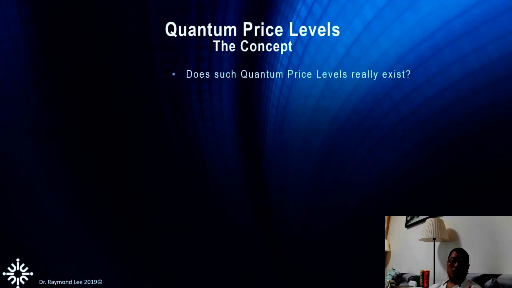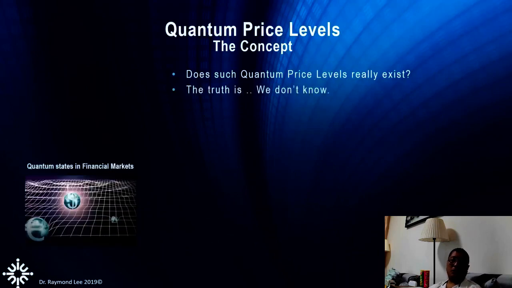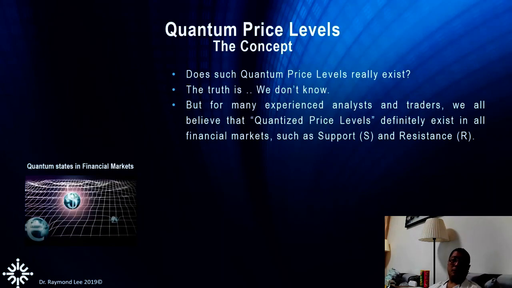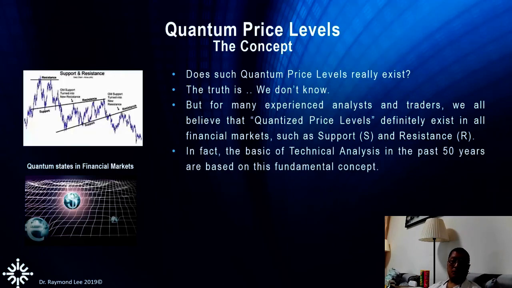So does such a quantum price level really exist? Of course we don't know. But as I mentioned beforehand, that analogy is very, very similar to what we consider in terms of S and R. The only difference is we don't specify whether it is S or R, because as you can see in this chart, a support in one particular time frame can be a resistance in another time frame.